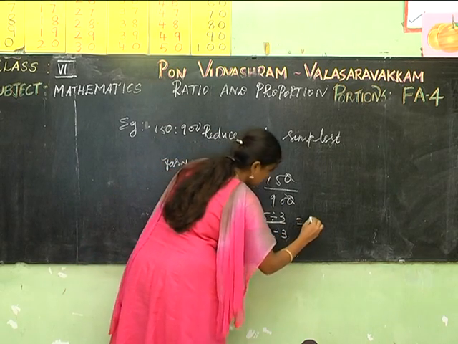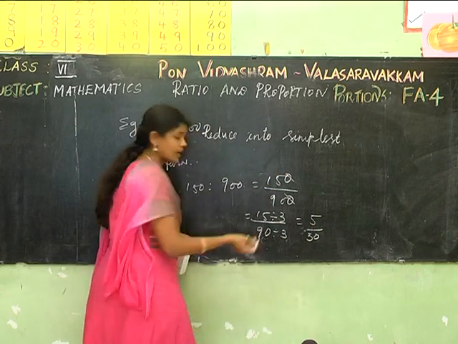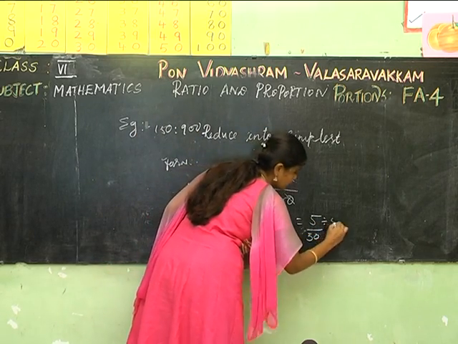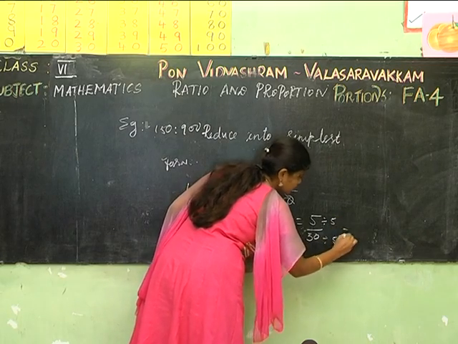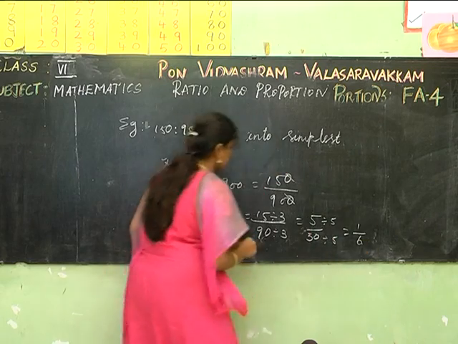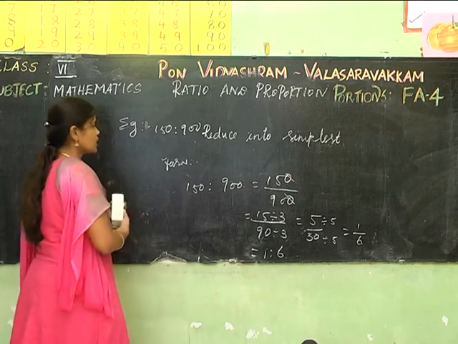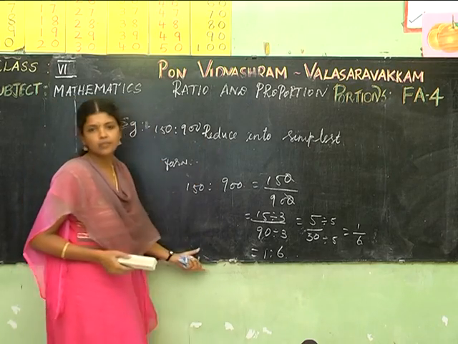So your answer is 5 divided by 30. Again you can reduce this into simplest form. You can divide this by 5. So now your answer is 1 divided by 6. How can you write this? 1:6. So every ratio can be reduced into simplest form.